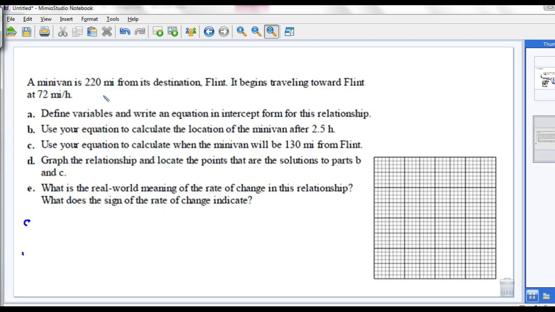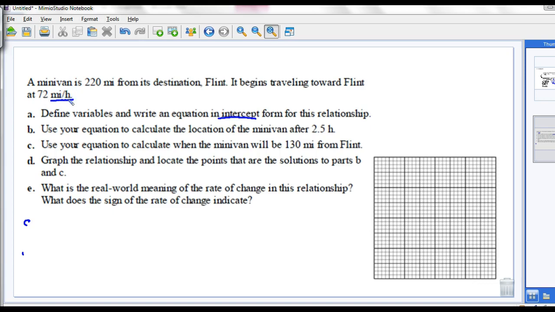So let's do this example right here. A minivan is 220 miles from its destination, Flint. It begins traveling towards Flint at 72 miles an hour. Define the variables and write an equation in intercept form of this relationship. So it has to be in that a plus bx form, and again, any letters you want. To define our variables, if I don't know what variables to use, what really helps is looking at our rate, because we have miles and hours.